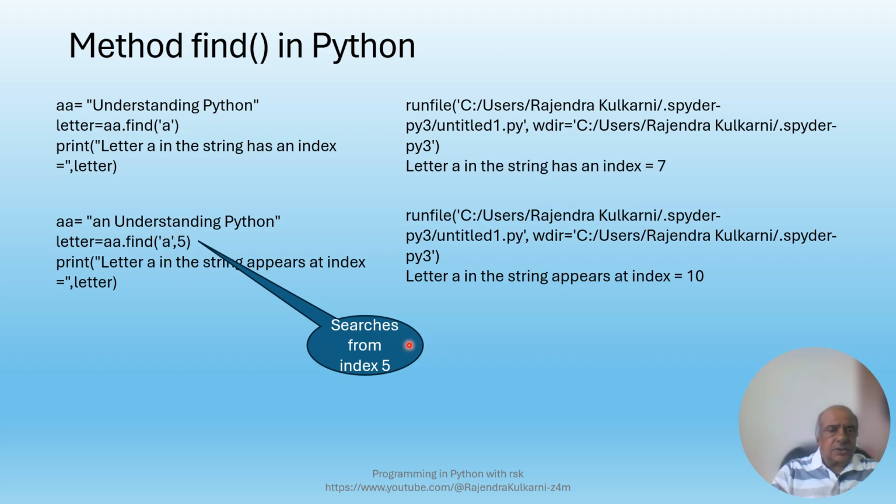It starts the search from index 5 and the output is 10, because after 5 the search starts, but the index it gives is the actual index number, not the relative index number from index 5.